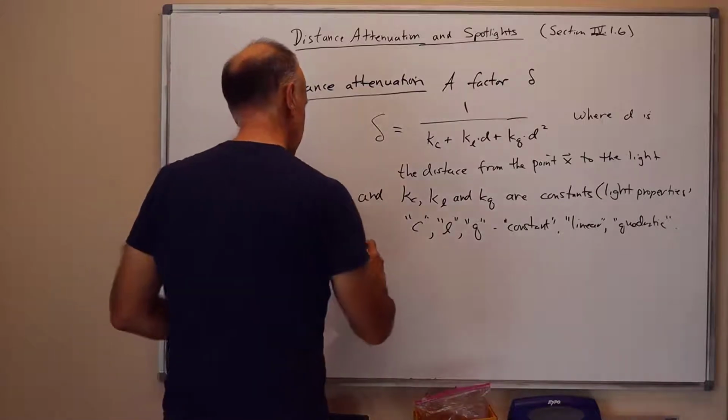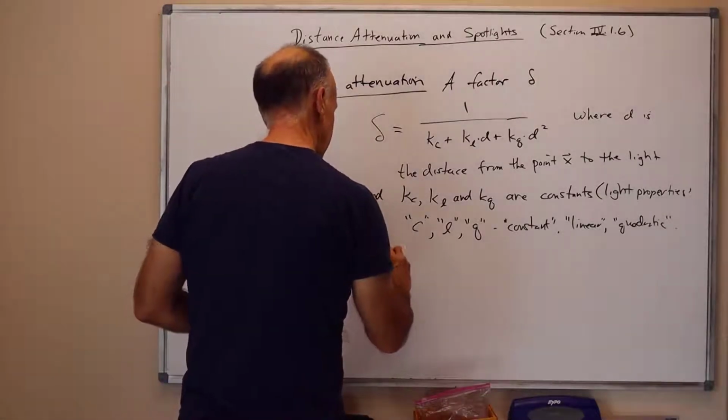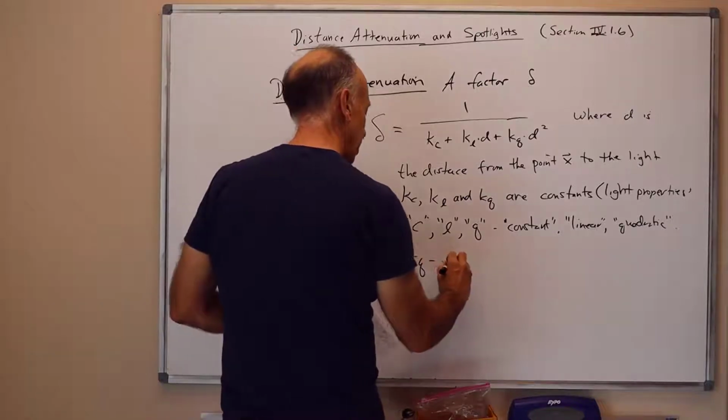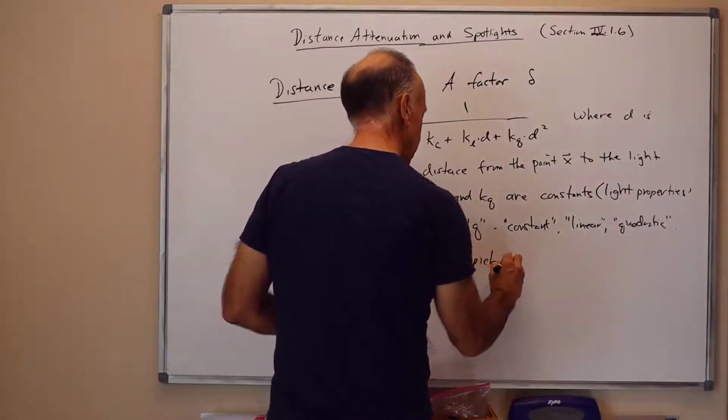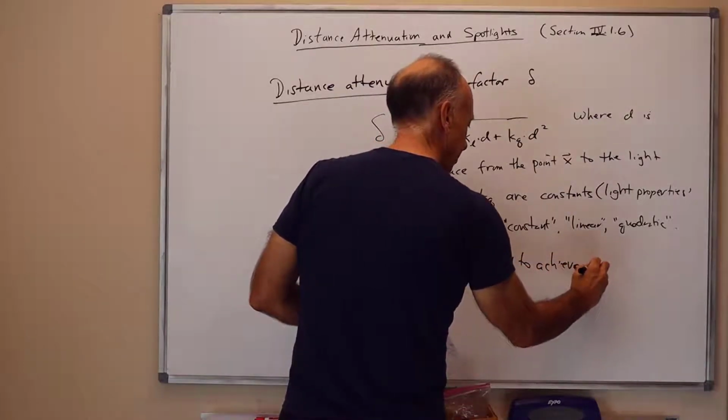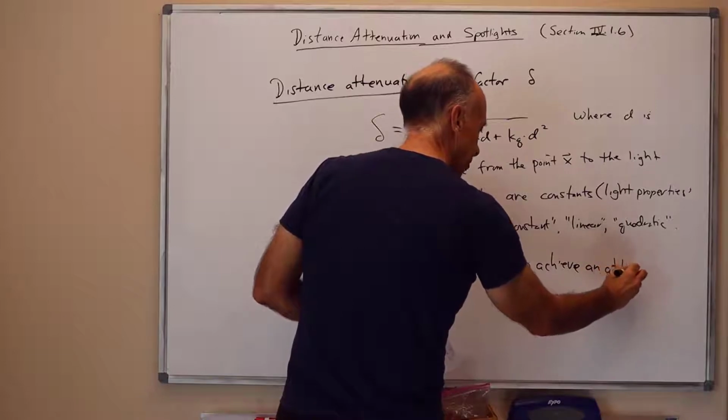So these values, k c, k l, k q, are picked to achieve an attractive appearance in the scene, usually in a very ad hoc or special purpose way.